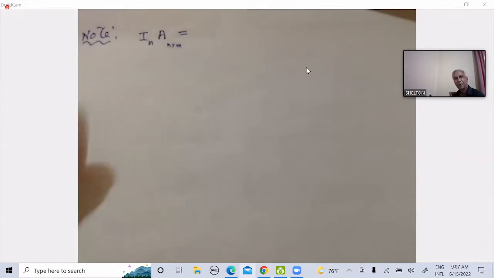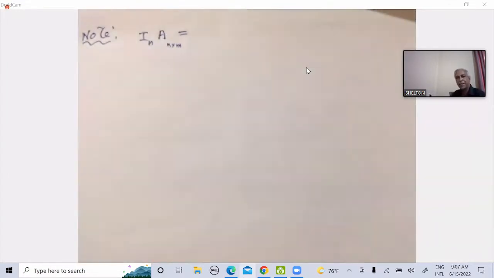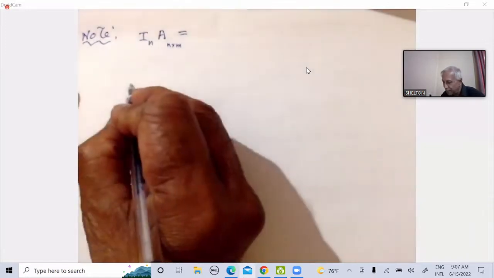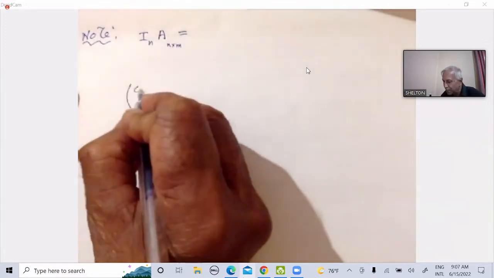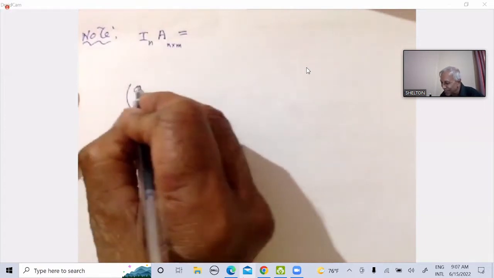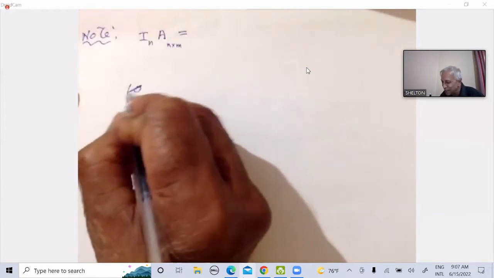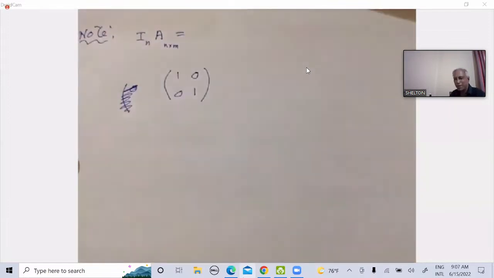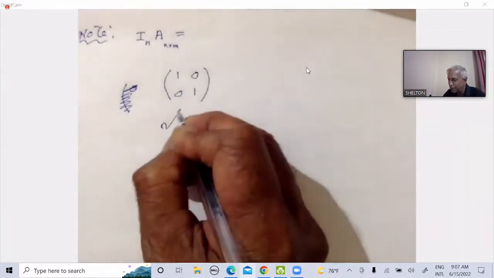If you multiply any matrix by the identity matrix, what do you think the answer is? Let me take this 2 by 2 identity matrix: 1, 0, 0, 1. This is the 2 by 2 identity matrix. This is the same as I2.